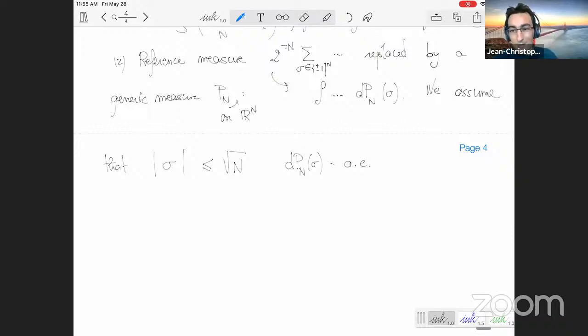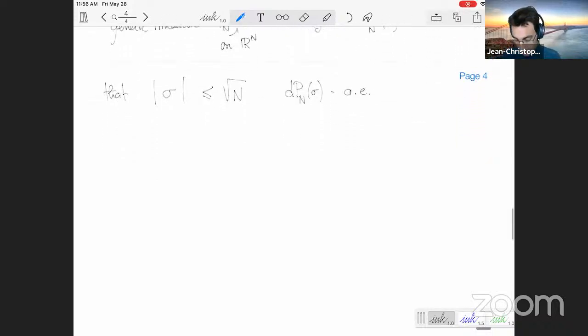Maybe it's like 10 times square root of n, but up to a rescaling, I can decide that it's bounded by just square root of n. So these are the two assumptions that are in place. And so Pn is given to me for each n. I'm given a measure, and so far I do not assume any particular structure on Pn. It will come in the statement itself of the convergence of the free energy. So let me state it.